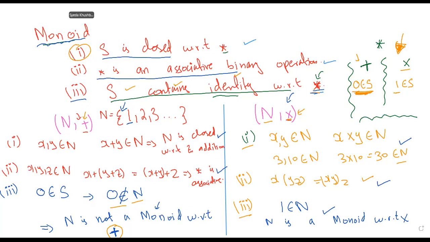Okay. So we have to discuss groups. We are talking about groups now. For a set to be a group, what do we need? We need S to be closed with respect to the binary operation.